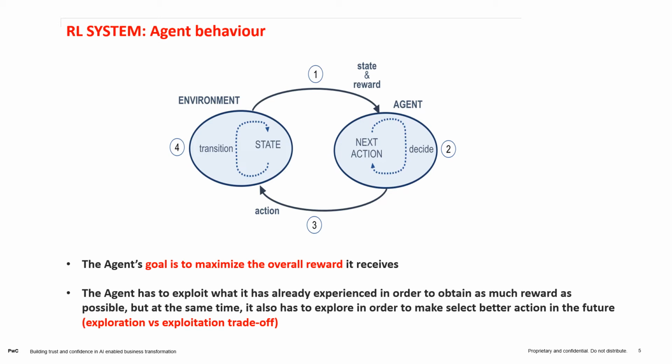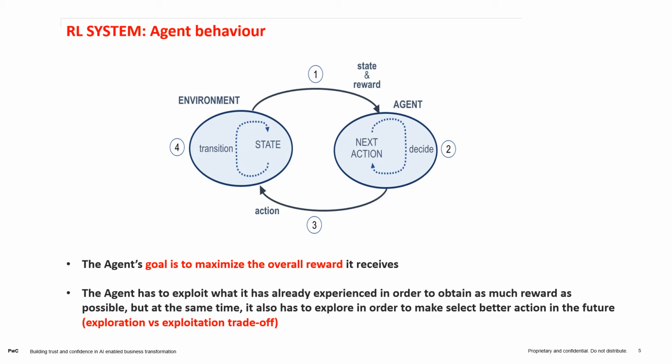However, in many of these RL problems, the reward is not immediate. Even in a game like chess, you might take the opponent's piece on the next move, but that's not the right move for the goal you want to achieve at the end of the game. Most problems are like that. So the agent always has to trade off exploration versus exploitation.